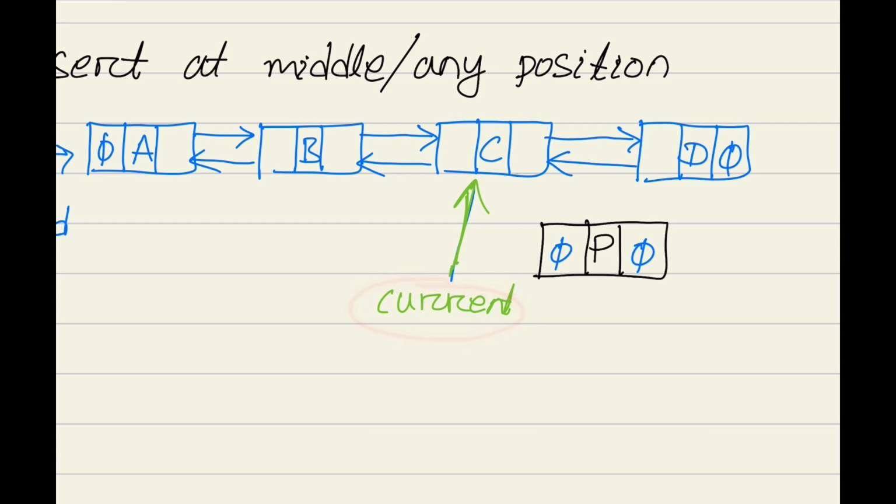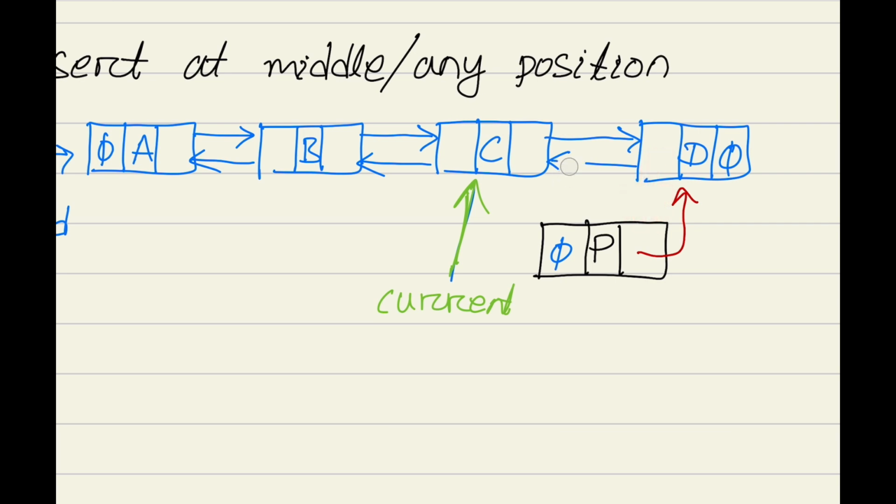So current is this one, C. So current dot next will be D. So update this one to current dot next. So in place of this null, first update this one. Then here you can observe the previous of this D is referring to C or is referring to current. So update the previous of this D so that it is going to refer to this one.